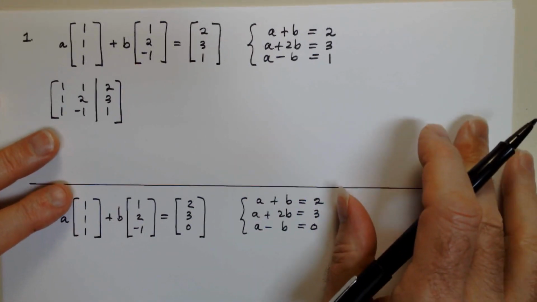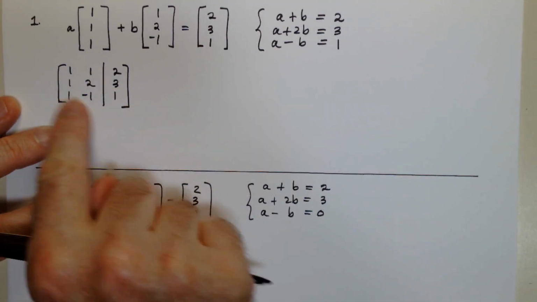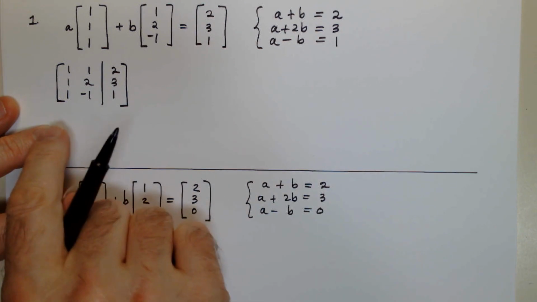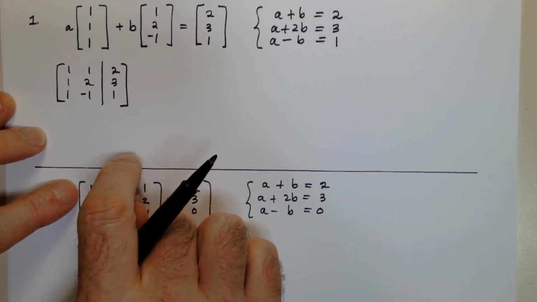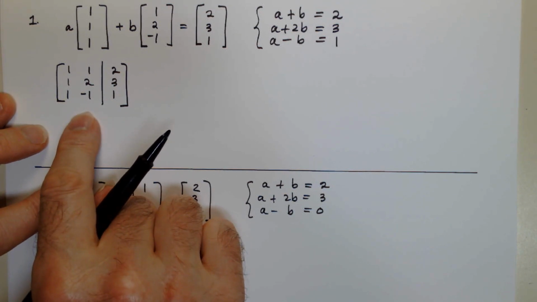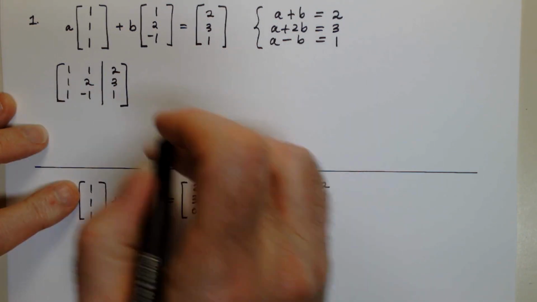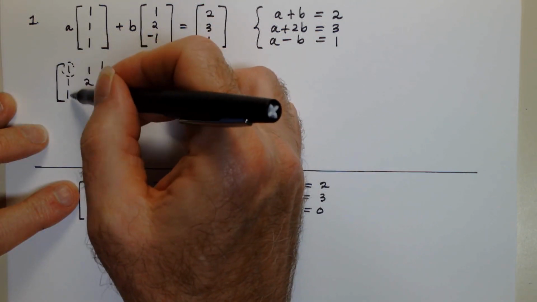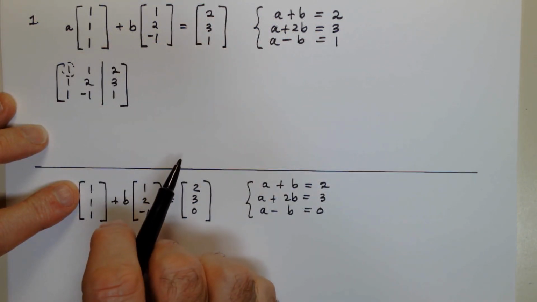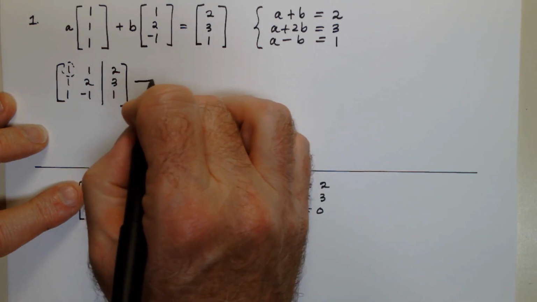And now, what am I going to do? I'm going to try to analyze the solution set to this system by performing some row operations. I'm going to try to work this down into reduced echelon form. Now I'm going to use the 1 here. This is going to be my starting point. I'm going to use it to eliminate the ones that sit below it.